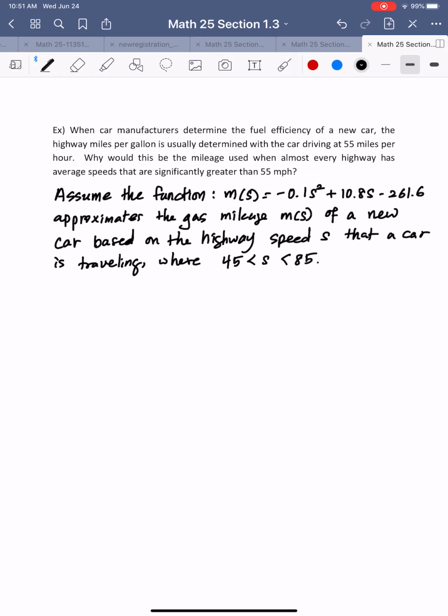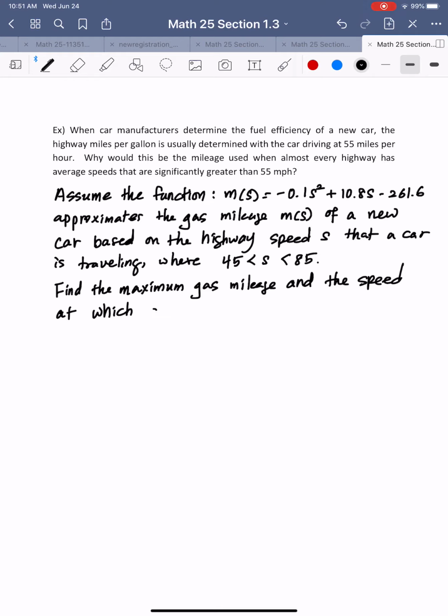Okay, so we try to find the maximum gas mileage and the speed at which the car reaches its maximum gas mileage.